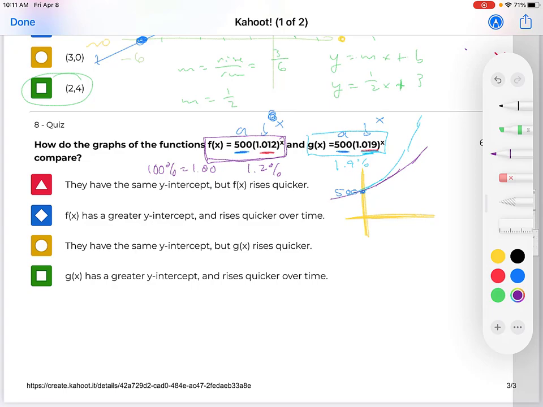So the blue one has a greater slope. g(x) rises faster. So that's what I want. And they also have the same y-intercept. That's the 500. So your answer is the yellow one.